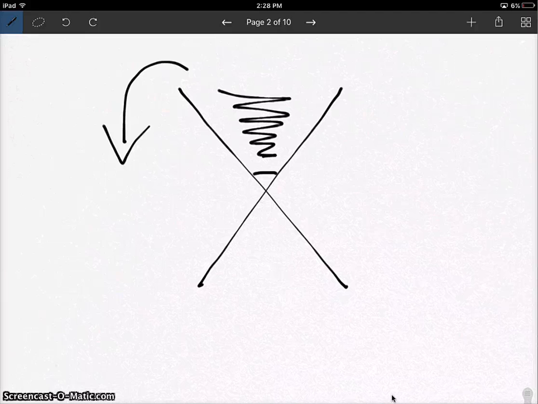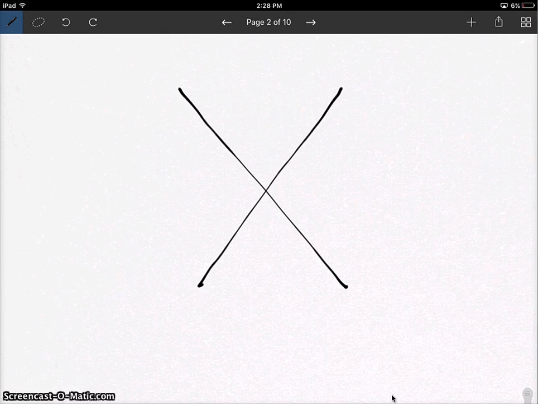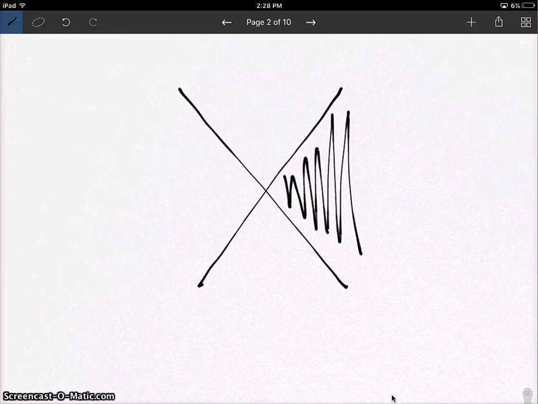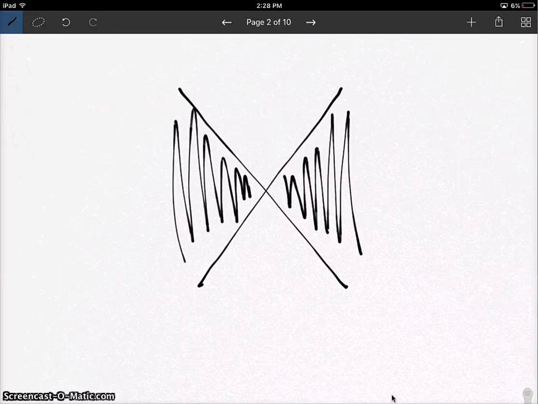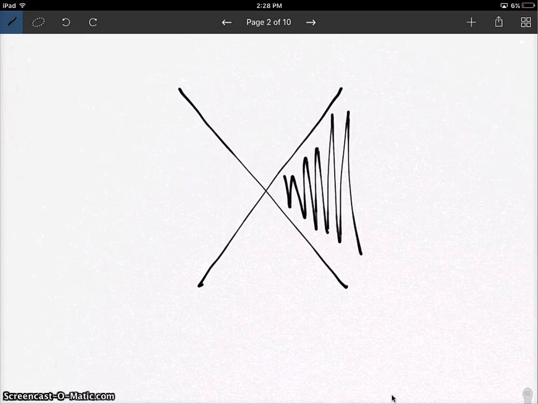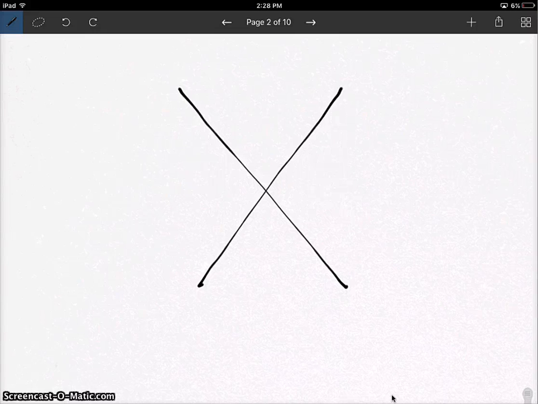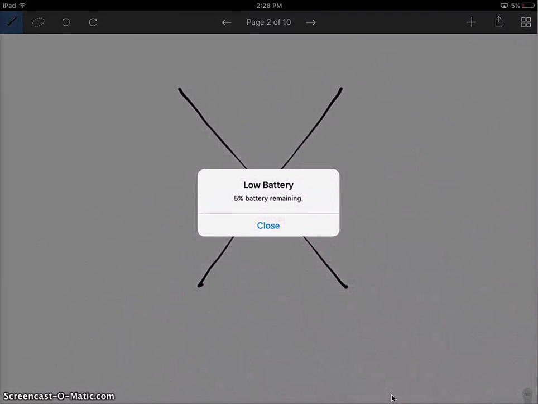I can also do the same thing, let's see here, with this angle too. This angle is a vertical angle to this angle. So I hope that's visually clear to you. They both pass the congruent test, they both have the same size and shape, and they're mirror images of each other. Since they pass both of those tests, those two angles are called vertical angles.